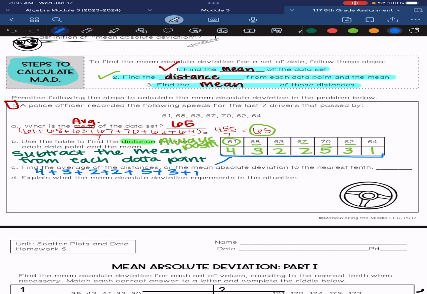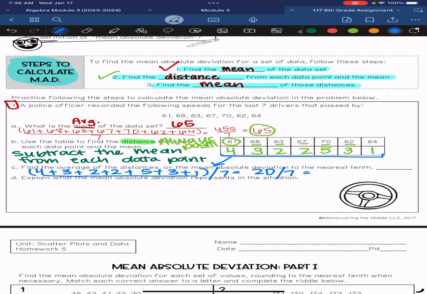I'm finding the mean of those distances. So I'm going to add them all together. And I'm going to divide by how many there were. So again, we can do this in our calculator. If I were to add up all these distances together, I would get 20. So I'm going to do 20 divided by 7.